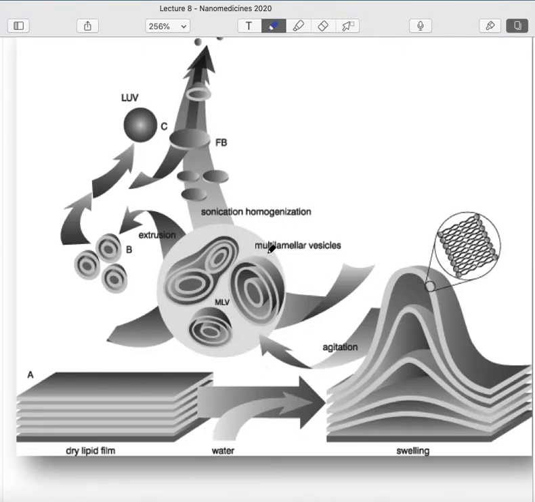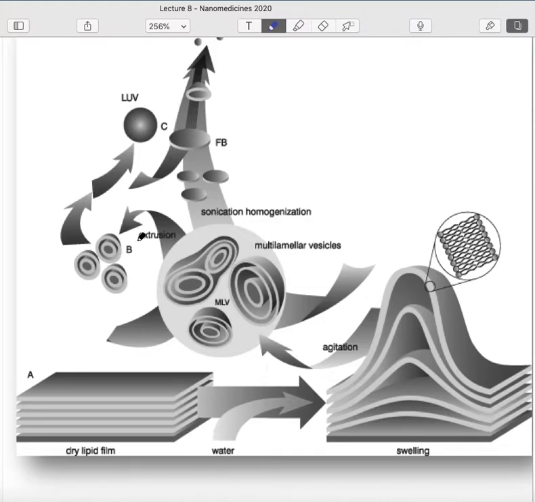They're actually going to form these multilamellar vesicles, which are going to have different shapes, different sizes, different layers. You can think about them like onion rings, basically, where you have layers, and in between each of the layers, there's going to be water. From there, what we are going to do is that we're going to apply a mechanical input, which could be either sonication or extrusion, in order to get now these guys to become smaller.